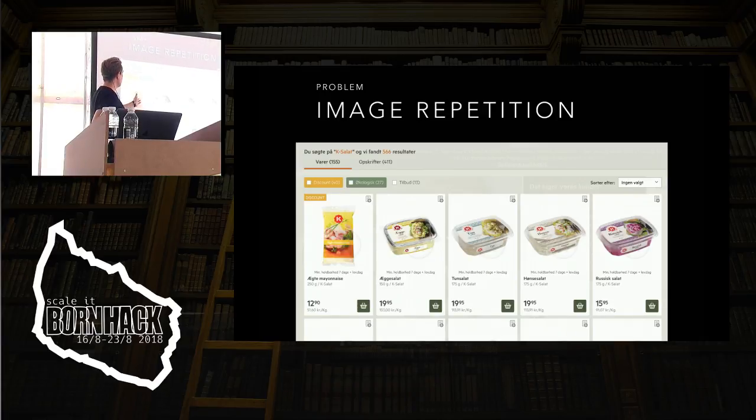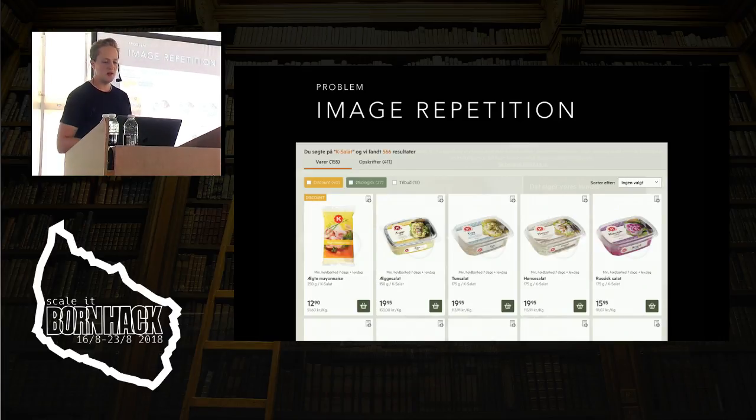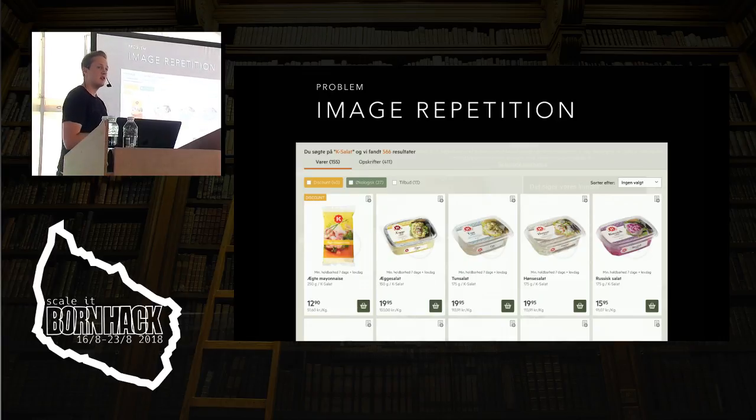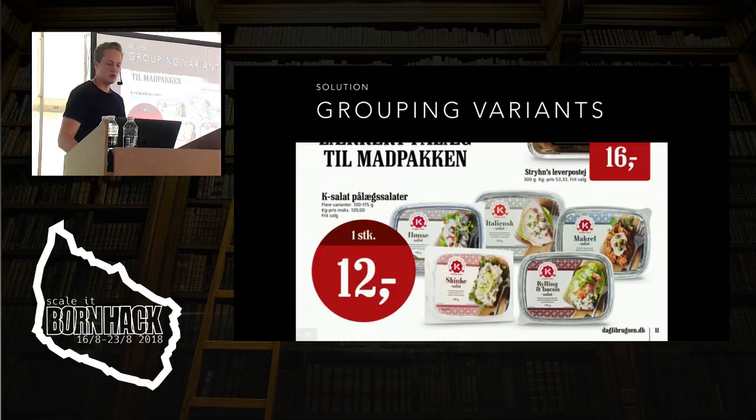And in this case, I searched for K-salat, and they basically show these 4 offers, or at least these 3 offers, and they're the exact same product except for one minor thing. The price is the same, and the images look very similar. You wouldn't do this in the physical world because you don't want to repeat yourself too much with images. They look too similar.